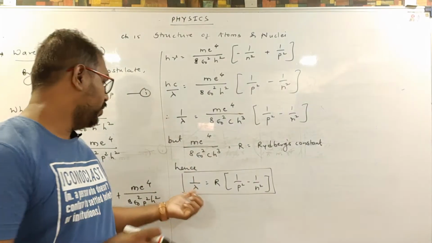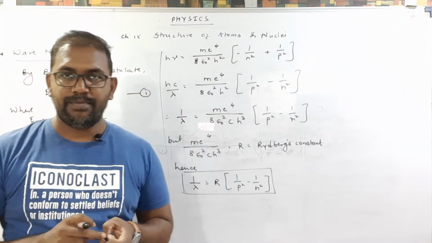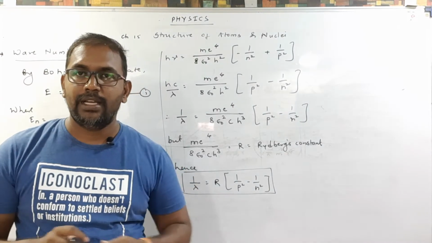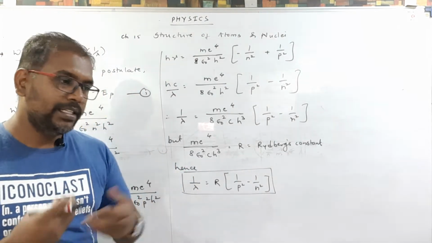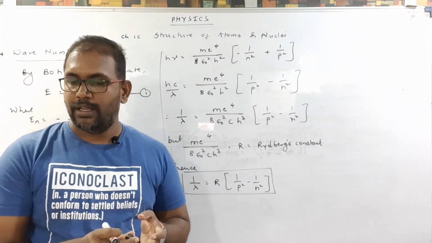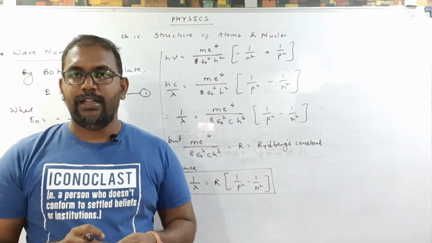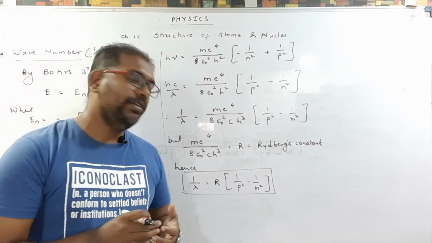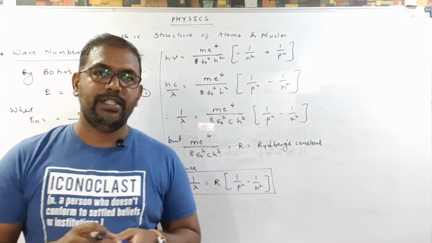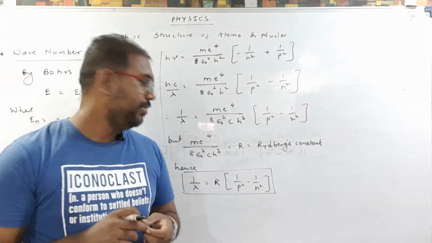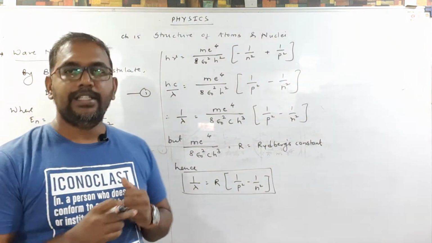If you find out the wavelength of that energy radiated, we get a different range of wavelengths. This energy is in the form of light, so we get some light in the UV region, some in the visible region, some in the infrared region.